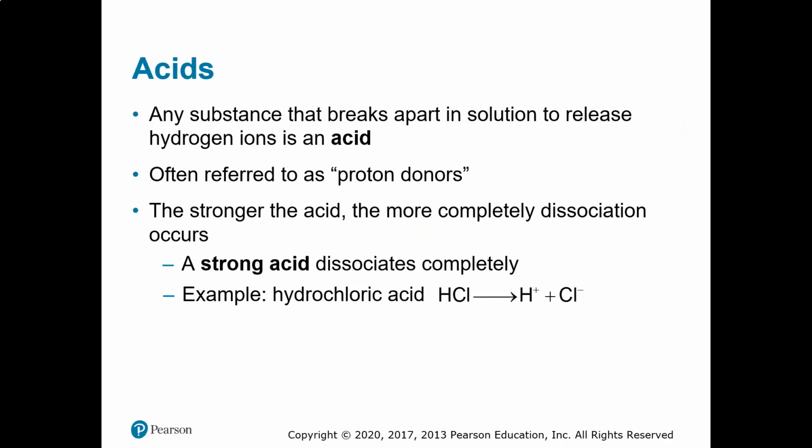All right, if a substance releases hydrogen ions, it is called an acid. Because a hydrogen ion is actually the same thing as a single proton, because that's the only subatomic particle in a hydrogen ion, often we call acids proton donors.